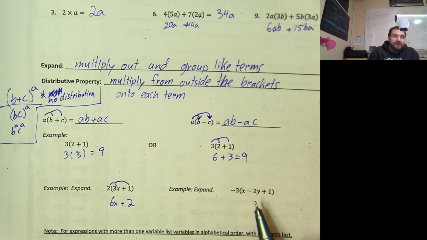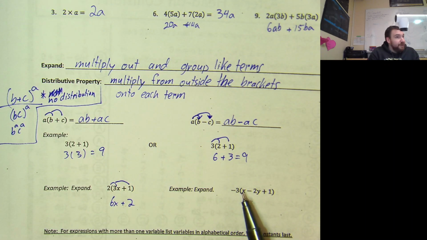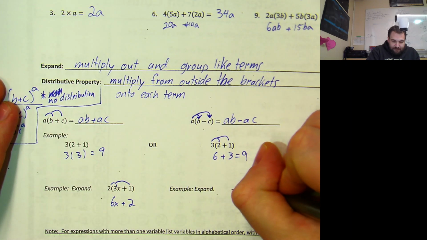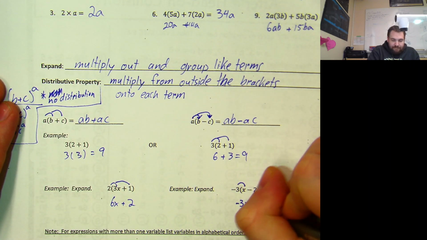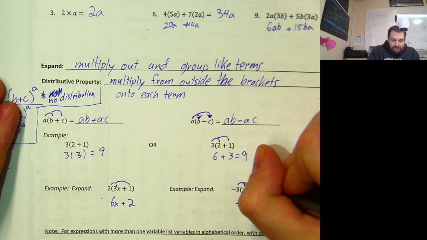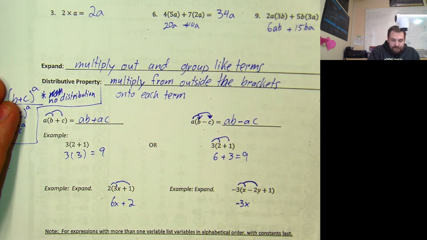Last one here. Someone else take a stab at this. Tell me what it is, or how you do it. Carolyn? Which is? Okay. So negative 3.